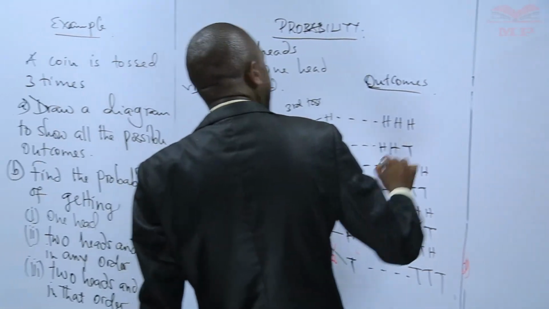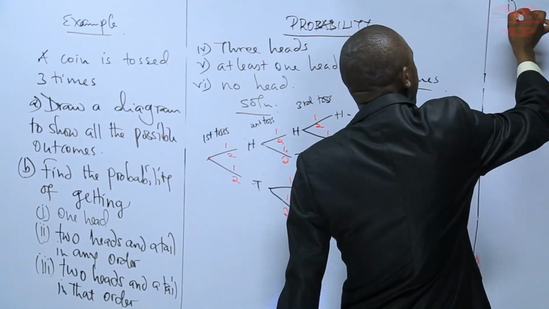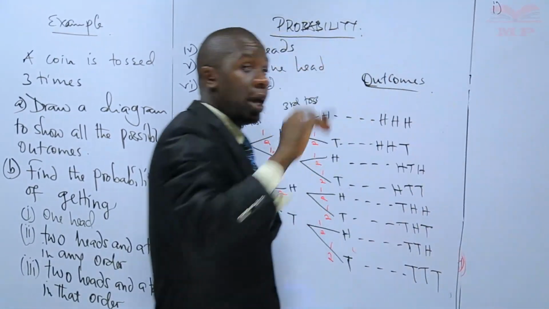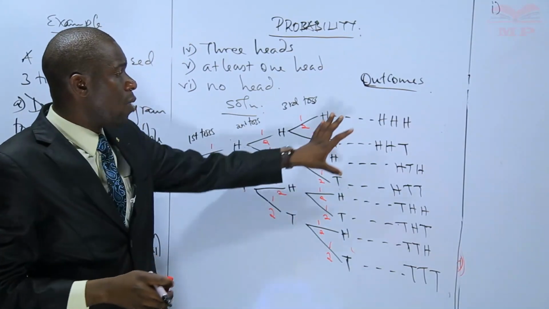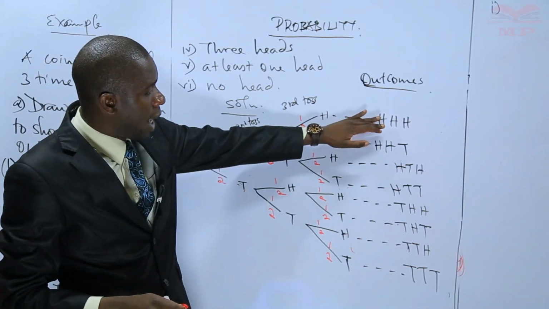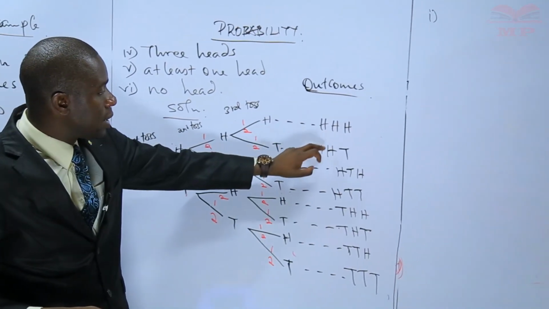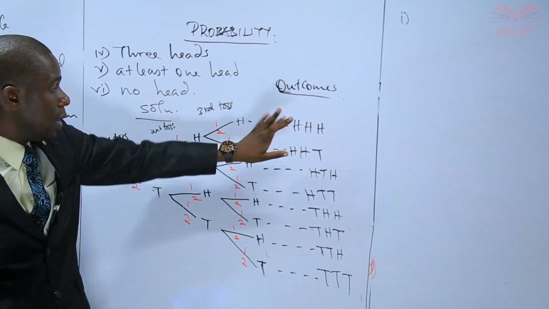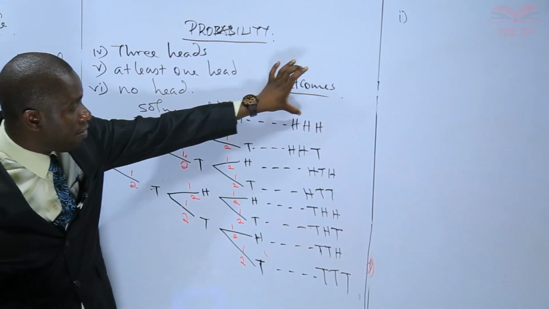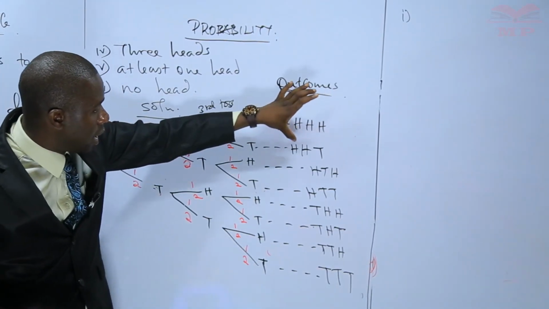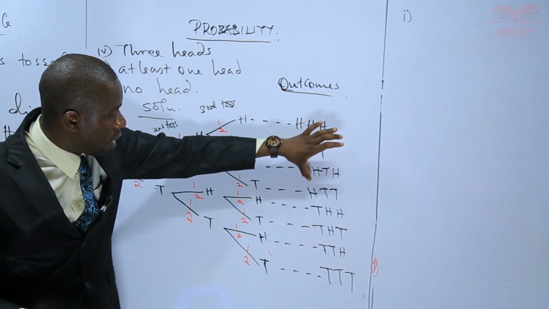So one head. What is the probability of getting one head? Now, we have to look at our sample space and see outcomes that only have one head. For instance, in the first outcome here, we have 3 heads, here 2 heads, 2 heads, 1 head.